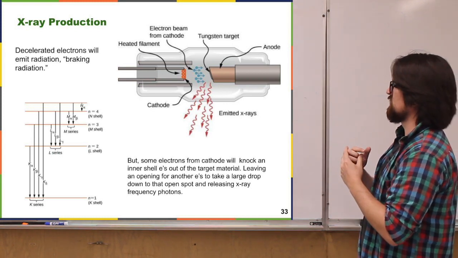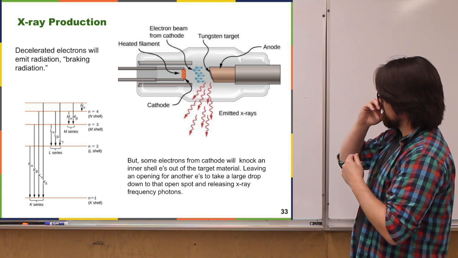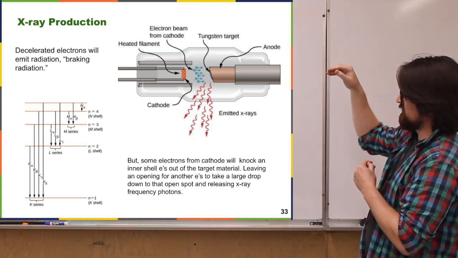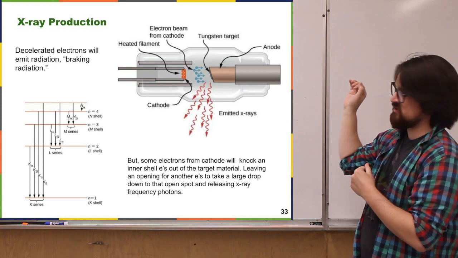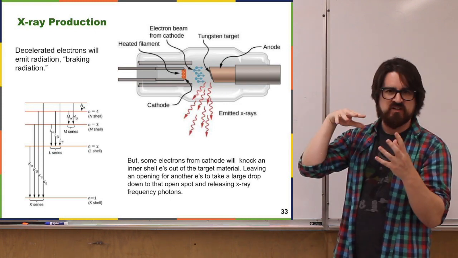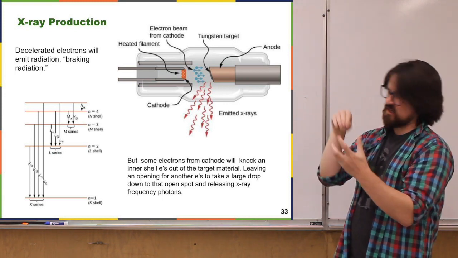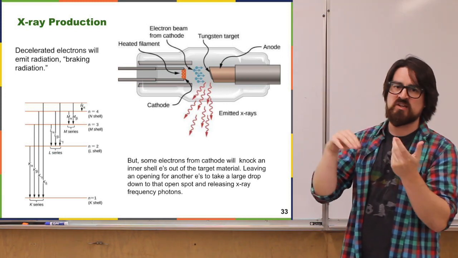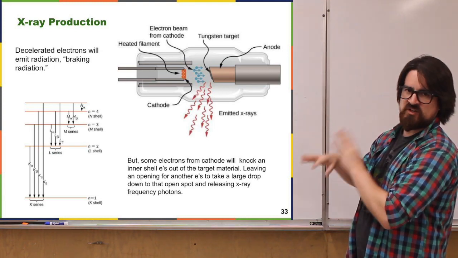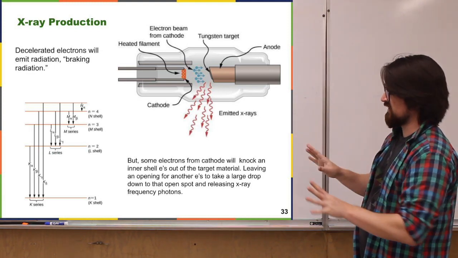You produce some electromagnetic rays that way, but the X-rays are actually produced by the electrons that interact with the tungsten atoms, and some of these electrons are actually able to penetrate into the tungsten atom and knock one of the inner shell electrons out. So there's even more terminology and labels that come involved, but don't worry about that.